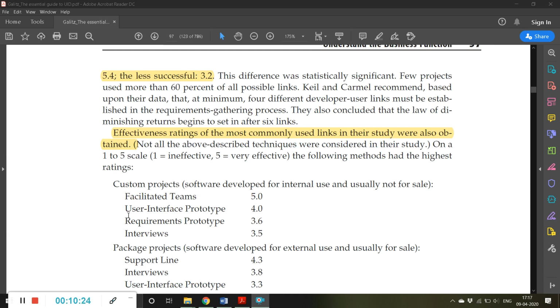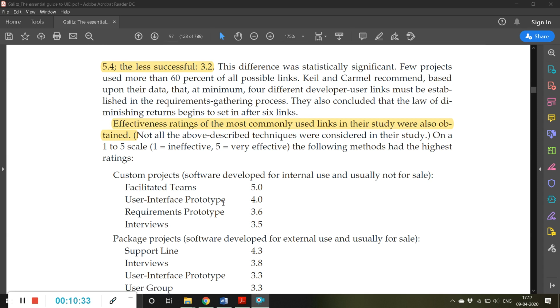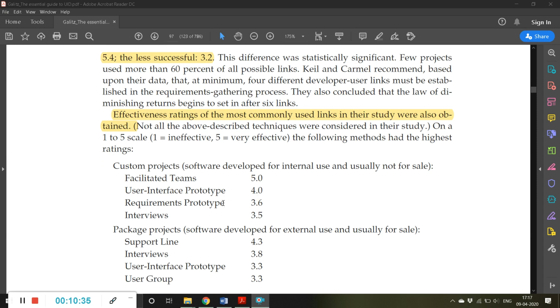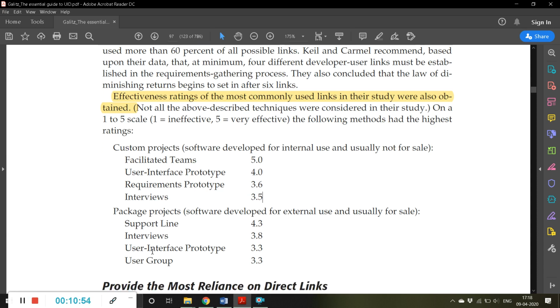Facilitated teams means the people who actually conducted the requirement collection process. The second highest rating was given to user interface prototype. The third one was requirement prototype, and finally 3.5 for interviews.